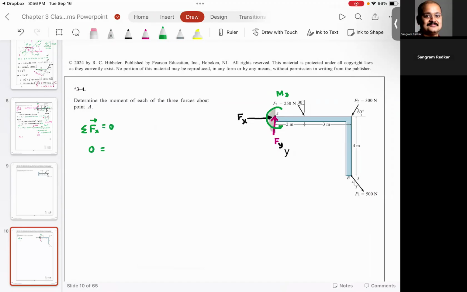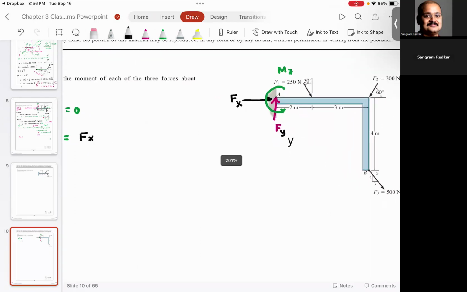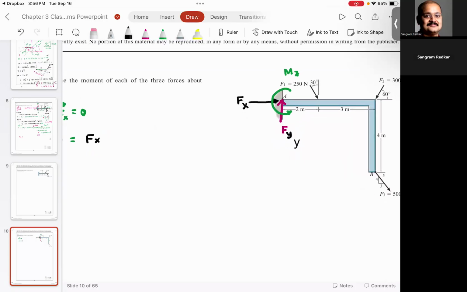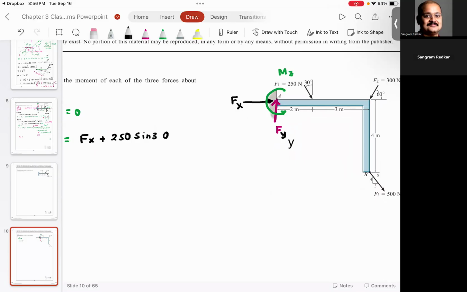So what you have is the first force Fx is positive. Then you have this 250 newtons. Can someone tell me what is the horizontal component of this 250 newtons? Would it be positive or negative? Positive. 250 sine 30.